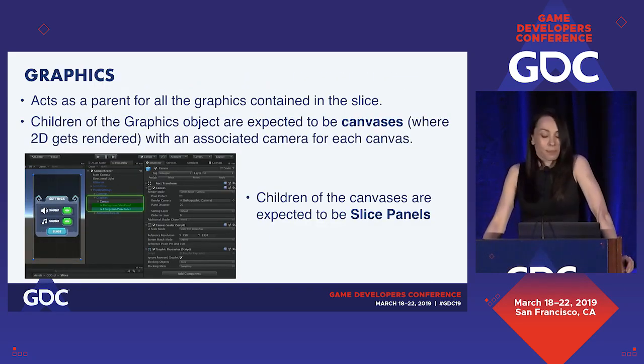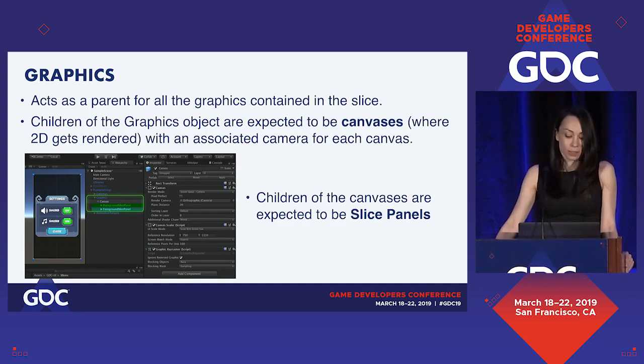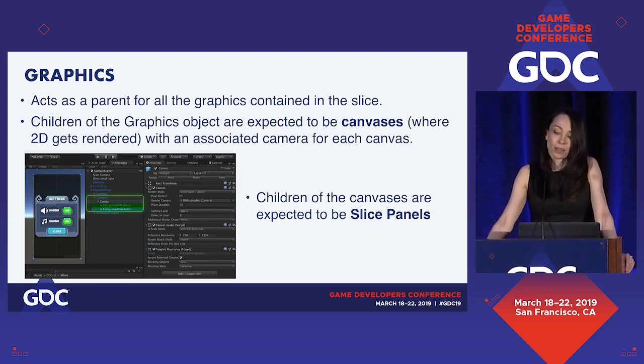Graphics act as parents for all the graphics contained in the slice, and the children of the graphics are expected to be canvases, because that's where the 2D gets rendered. The children of the canvases are expected to be slice panels. This is another UI framework component which is very important for us.